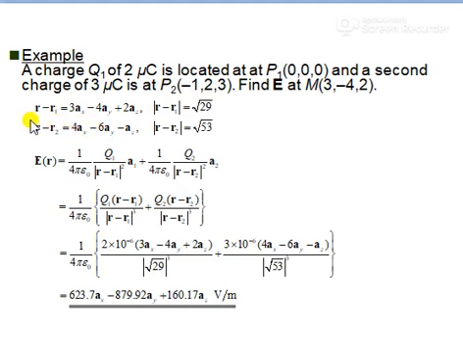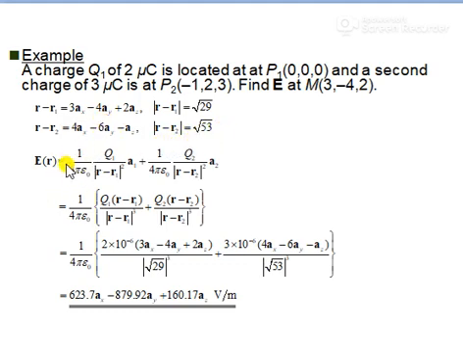Now R minus R1 gives the distance from P1 to M. This is 3ax minus 4ay plus 2az, where modulus of R minus R1 is root of 29. R minus R2 is 4ax minus 6ay minus az, modulus of R minus R2 is root of 53.